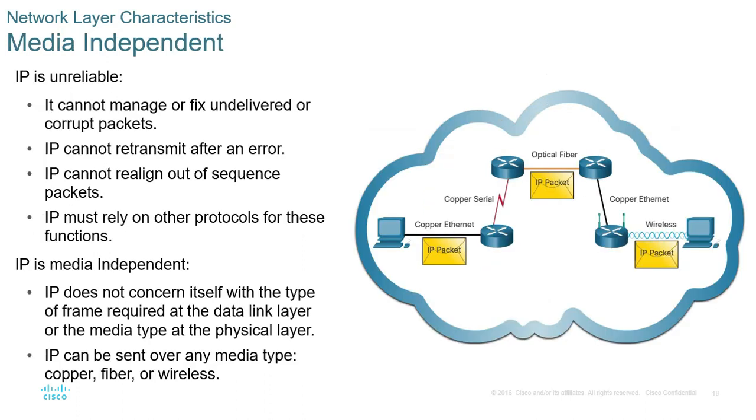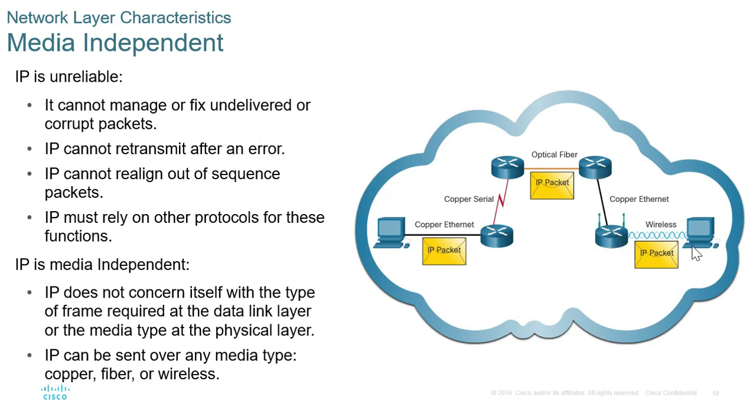So another characteristics of the IP layer is its media independence. So it doesn't matter how you send the data through the data link and physical layer. So pakailah teknologi apa pun, it does not matter. Okay, janji dekat network layer dia ada source dan destination IP address. Then the network layer devices will make sure it sends.